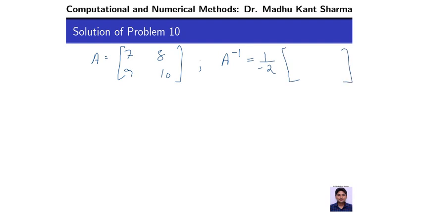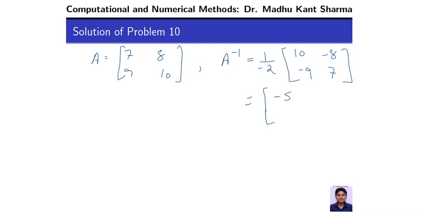So from here you can find the inverse matrix infinity norm, that is the maximum of the first row sum in magnitude, 5 plus 4, and the second row sum in magnitude, 9 by 2 plus 7 by 2, that is 16 by 2, and that is 8. So that is equal to 9.